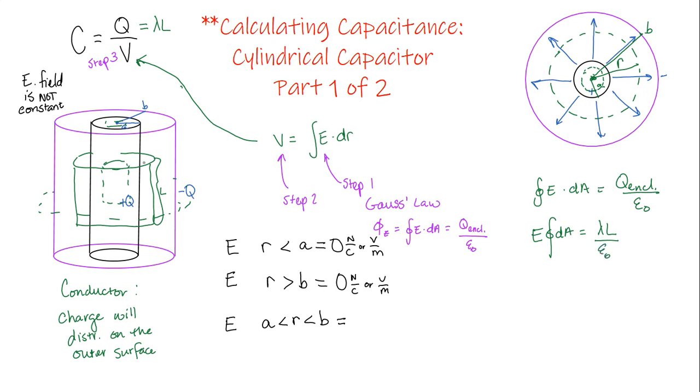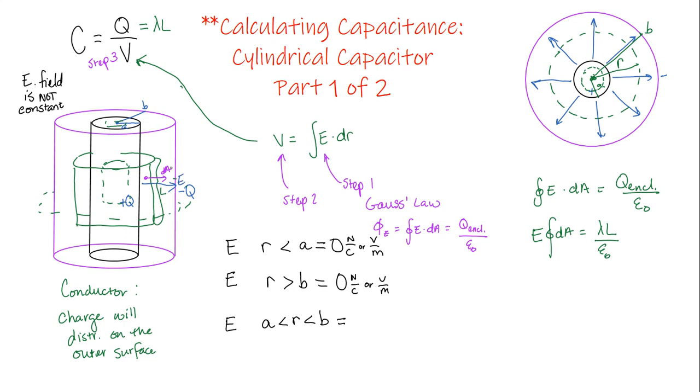Now if you think about it again, if I cut my Gaussian toilet roll, slit it along one side, and lay it flat, I've got a rectangle essentially, right? Now if I draw in a dA vector for the Gaussian surface, and I know that my electric field that I already drew is pointing outwards like this, okay?